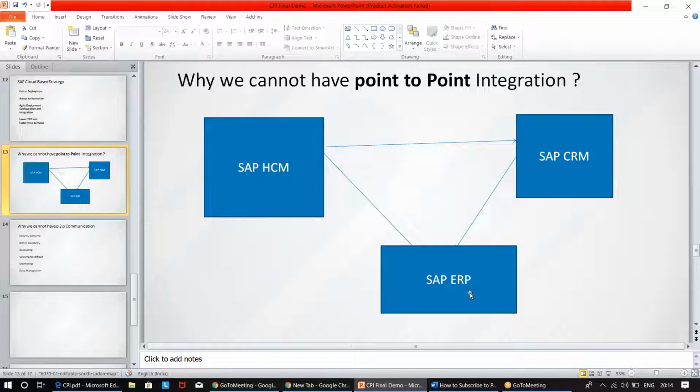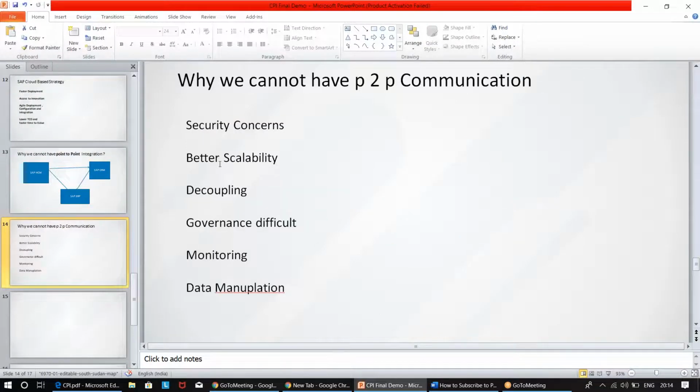You have to think about all the other different systems: your CRM, your HCM, maybe what not other systems you have. You have to have a very holistic picture of your entire landscape, and make sure that in case one of the systems gets upgraded, you take care of the other systems. So it will be very difficult to scale your systems.